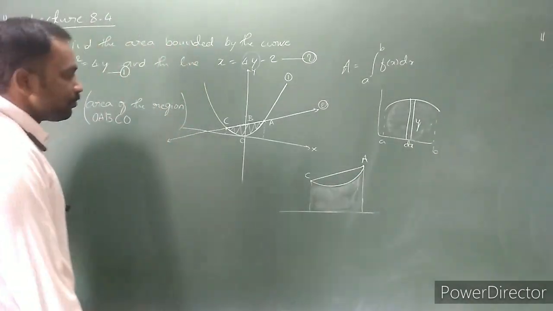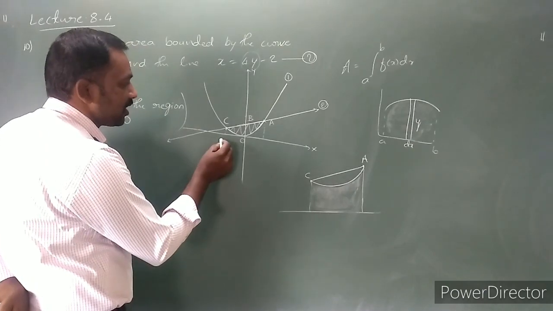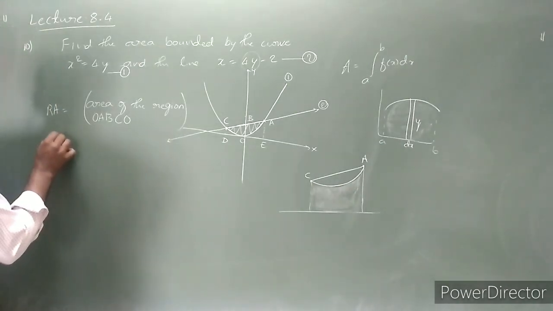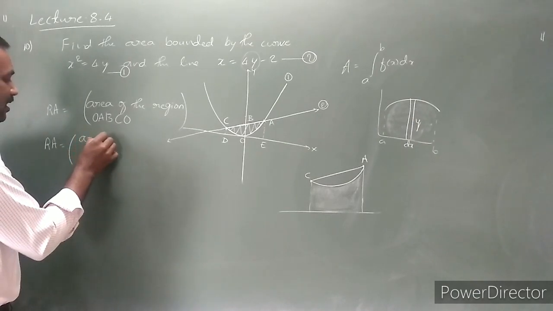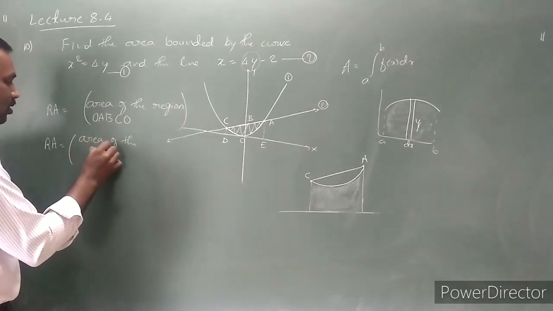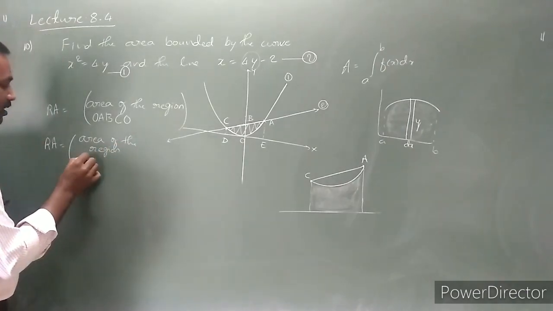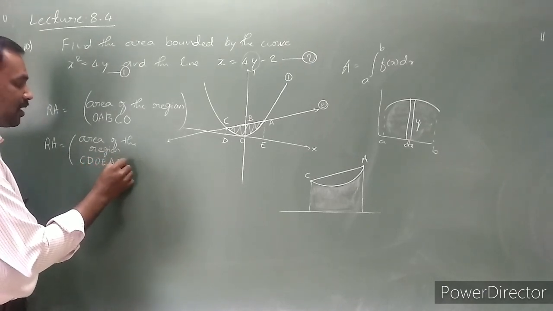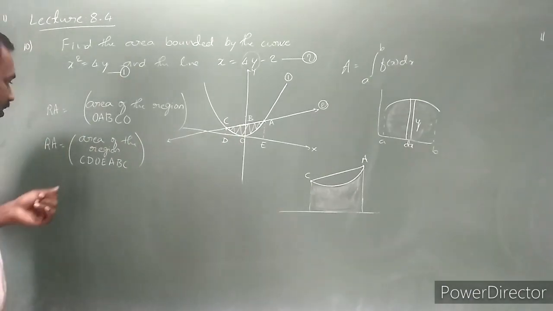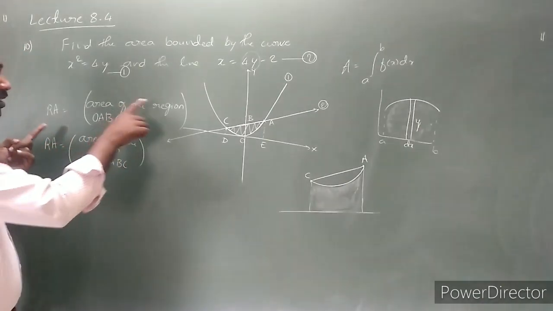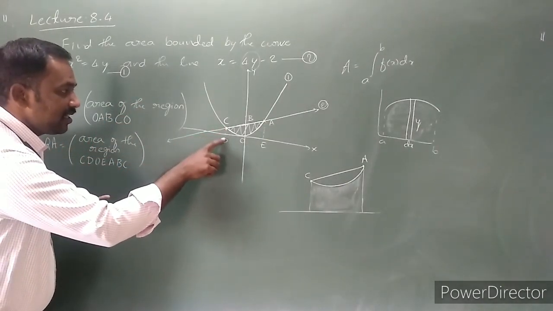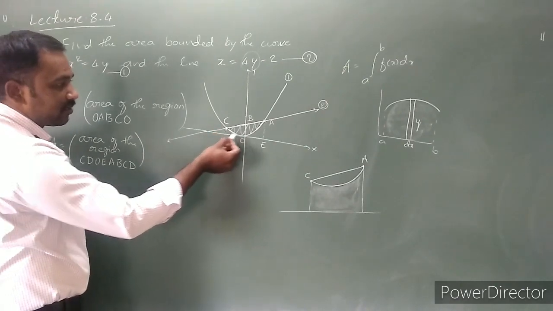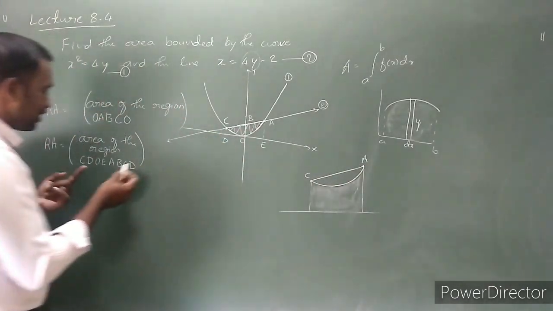So I just name these points again: A, B, C, D, and I just name this one as E. So the required area is equal to the area of the region C, D, O, E, A, B, C, D. This part I just took, this is under the line.